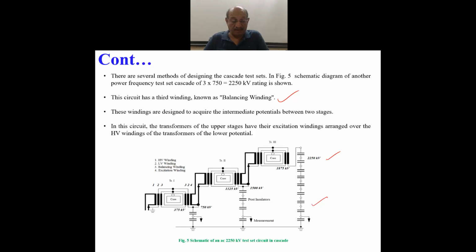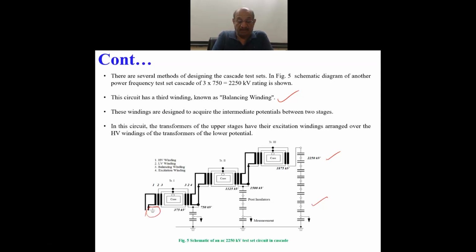As you can see here, the only ground potential is that of the lower end of the low voltage winding, and the high voltage winding of the primary of the first stage are at ground, and then they acquire the high potential.